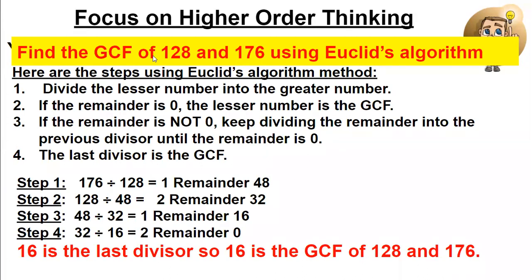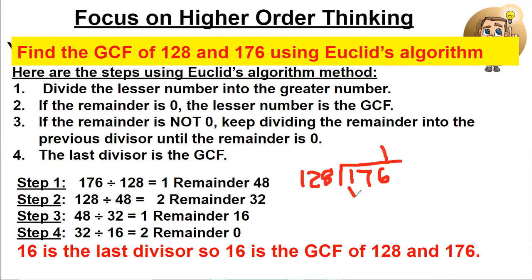So we took 176 and we divided it by 128. That's the first step. It'll only go in there once, and then we subtract 176 minus 128, and what do we get? We get 48 as our remainder. Okay, that's step one.